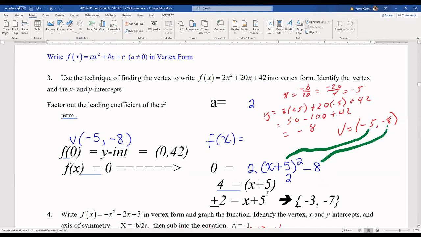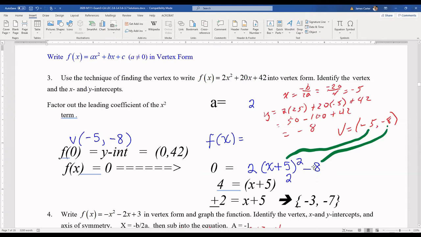So A is 2, and A is 2 on the final form. Okay? Now, in terms of finding the x and y intercepts, the y-intercept is easy. It's 42.